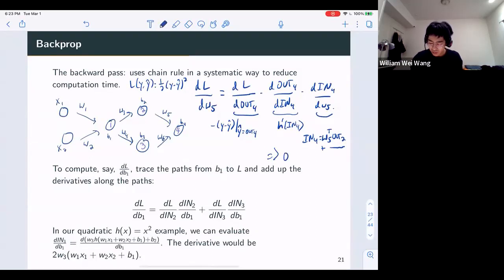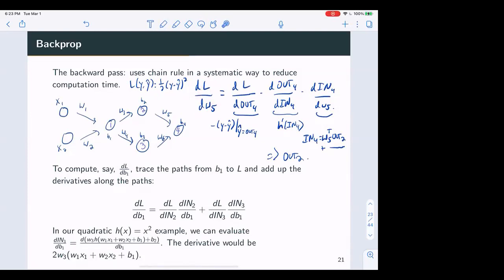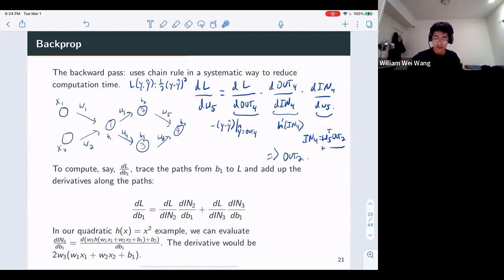So all in all, if you wanted to compute the gradient with respect to W5, you would get negative (y minus output 4) times h prime of in 4 times output 2.